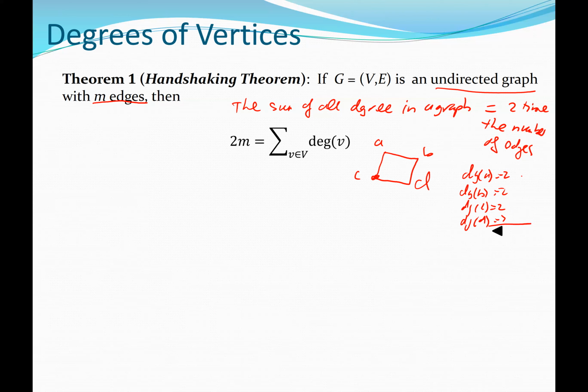So when you add them together, you get 8. And M is equal to 1, 2, 3, 4. So M equals 4. So you see here 2M, which is 2 times 4, is also equal to 8. So the sum of all degrees in a graph is 2 times the number of edges in the graph.